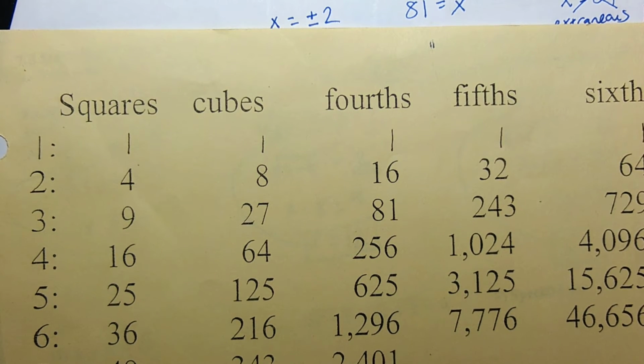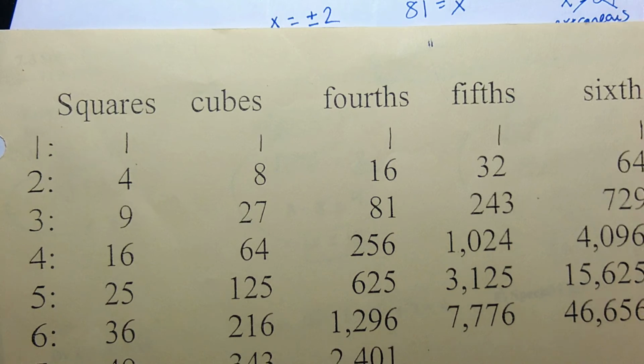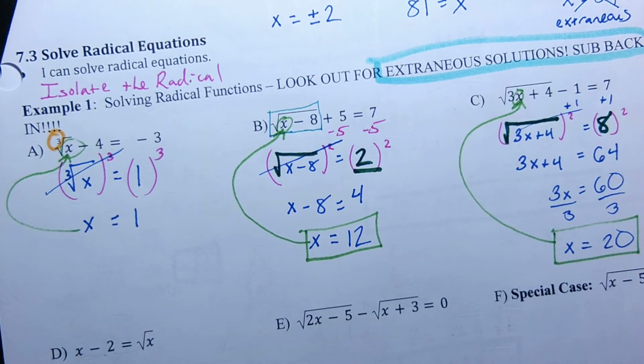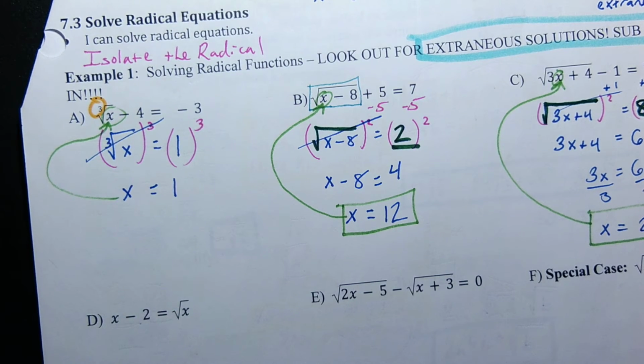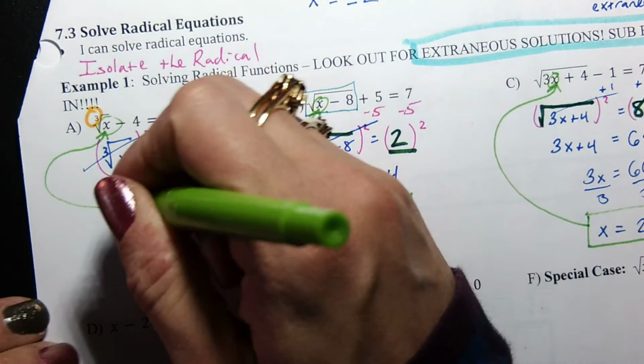A perfect square, a perfect cube, a fourth, a fifth, and a sixth. It's not one we normally worry about just because we wouldn't use it when we're simplifying radicals. We're not going to take out 1 and it's not going to do anything for us. But with solving, knowing that 1 is a perfect cube is important here. Because when I plug 1 in, the cube root of 1 is 1, and 1 minus 4 is negative 3. So our answer checks out.